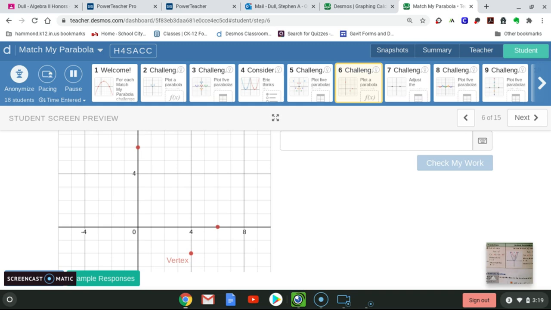So one of the things that we know is we can identify how the vertex moved, and write an equation in vertex form, (x minus h) quantity squared plus k. So if I look at how my scale is set up, these major grid lines are 4. So each of the minor grid lines are 1. So I can see that my vertex is at 4 on the x-axis and then down 2.